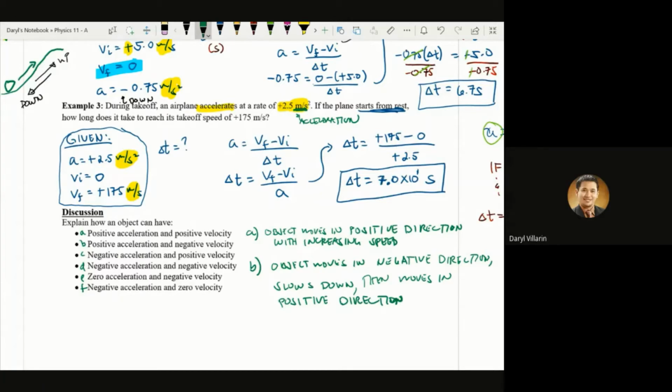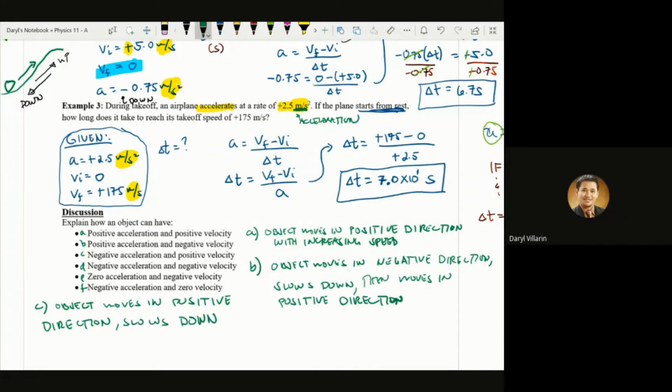Because actually, this is the same thing with letter C. Negative acceleration but positive velocity. So it only says that the object, if you can observe with that one, moves in positive direction, but slows down.